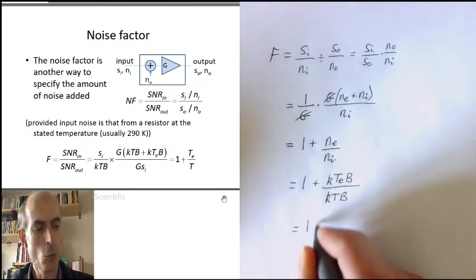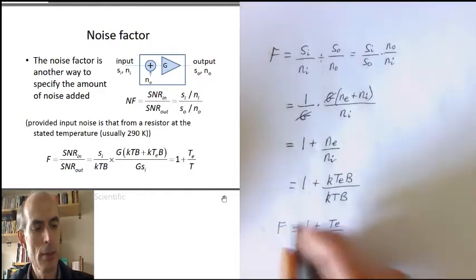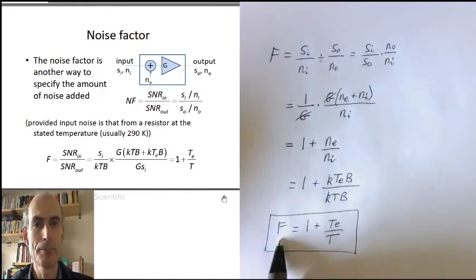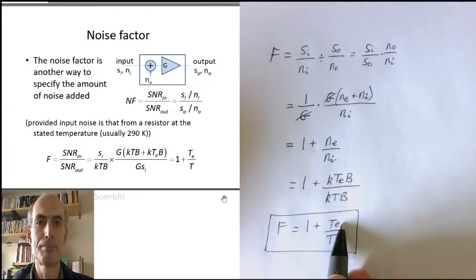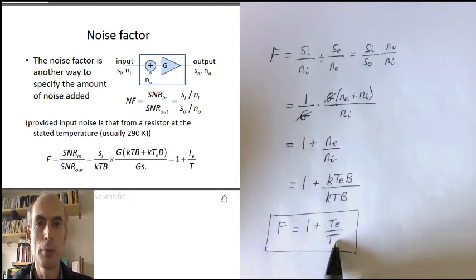So that's just 1 plus TE over T. And that's the simple relationship between the noise factor and the noise temperature. Note that in order to do it, you have to know what the system noise temperature is, but as I've said, usually taken to be 290 degrees K.